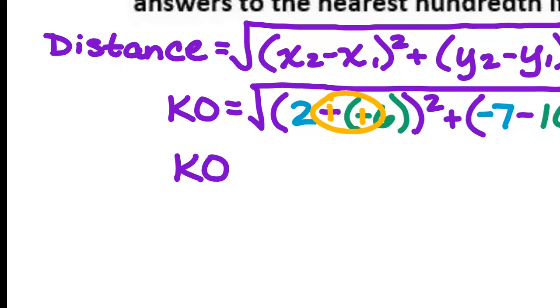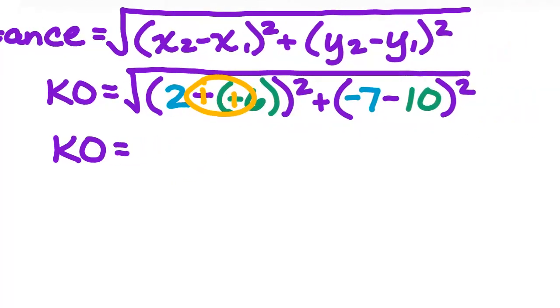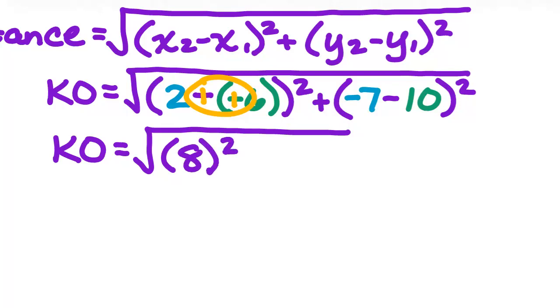All right, let's simplify each of these parentheses and then we'll put it into our calculators. 2 minus negative 6 became 2 plus 6. What is 2 plus 6? 8. So I have 8 squared plus negative 7 minus 10, negative 17. Close the parentheses and square it.